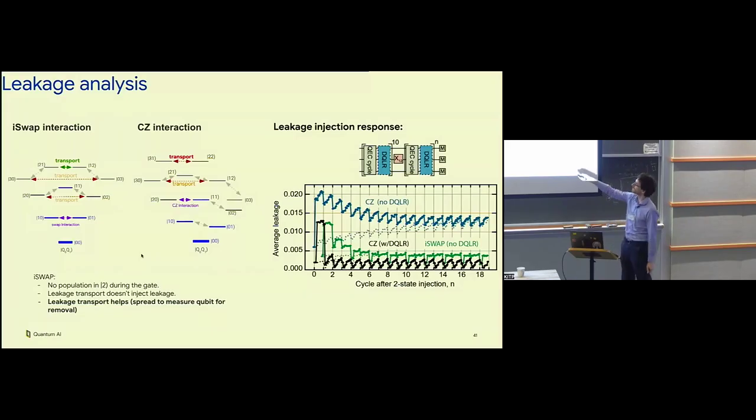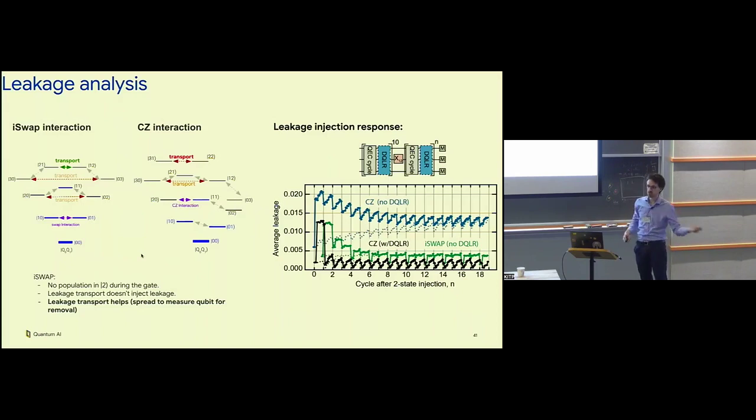And so here, once again, we do a leakage slicing experiment, and we look at what happens when we start injecting leakage into this code. If you do a CZ standard surface code but you don't do DQLR, of course, the leakage shoots up and takes a very long time to decay because there is no mechanism to remove it.